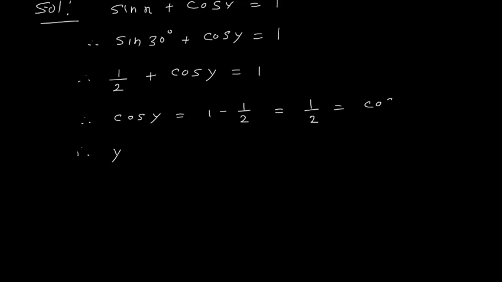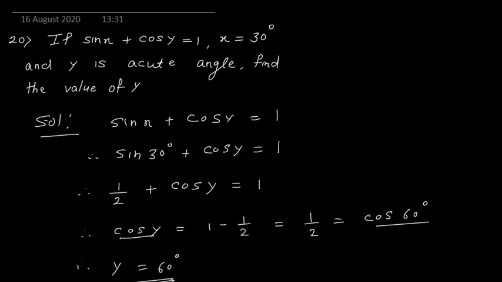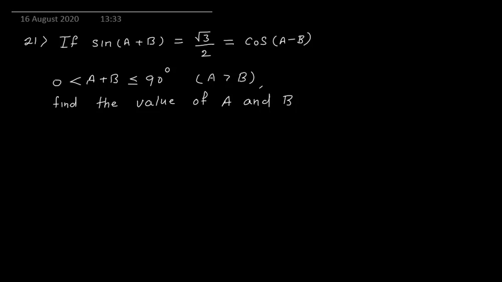This is cos 60 degrees. So cos y is equal to cos 60. So what is y? Y is equal to 60 degrees. Okay. Now I got the value of y. We had to find the value of y. That's it. Simple. Okay. Now next problem.